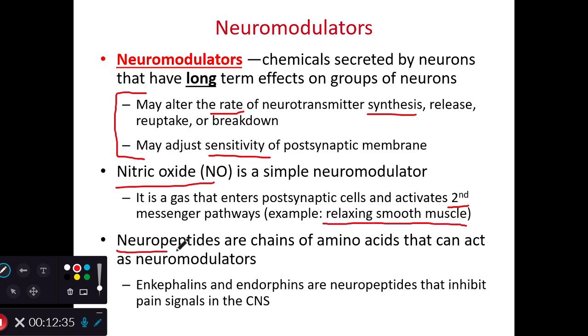Those neuropeptides that we talked about in our last recording can be chains of amino acids, typically between 2 and 40 amino acids, that will act as a neuromodulator. When we think of enkephalins and endorphins, these are two categories of neuropeptides that act as neuromodulators that inhibit pain signals in our central nervous system.